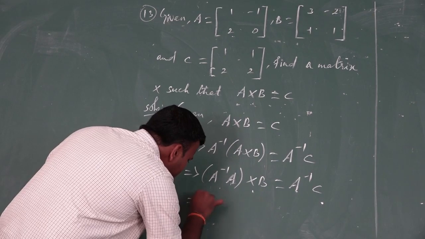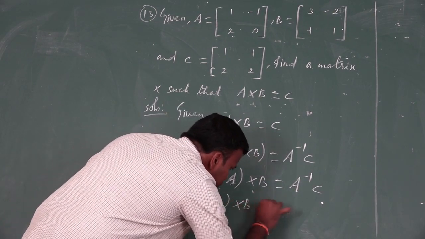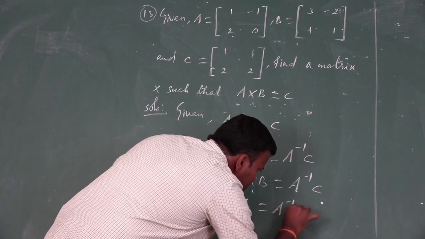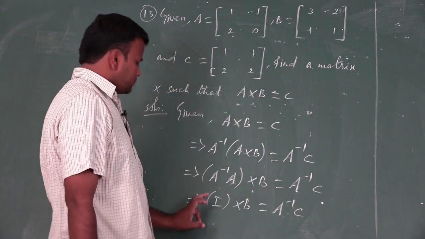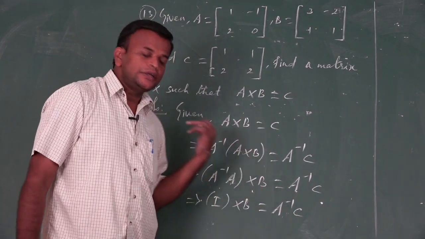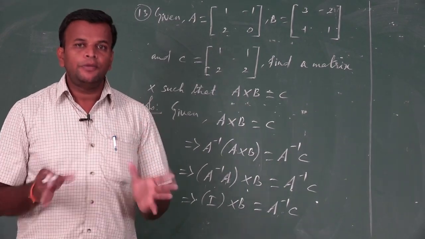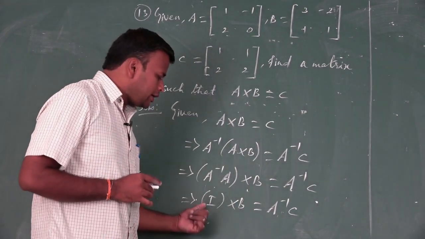So it becomes I into XB is equal to A inverse into C, where I is the identity matrix. When this identity matrix is multiplied with any matrix, we get the same matrix, because it is the identity matrix.